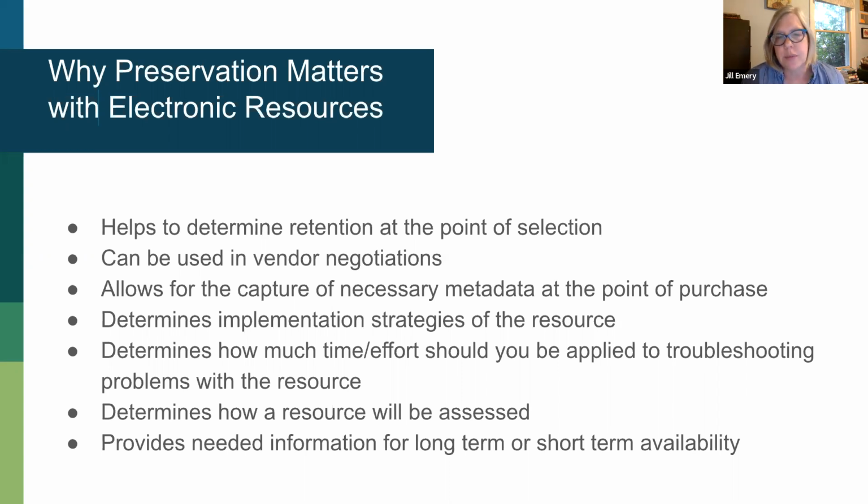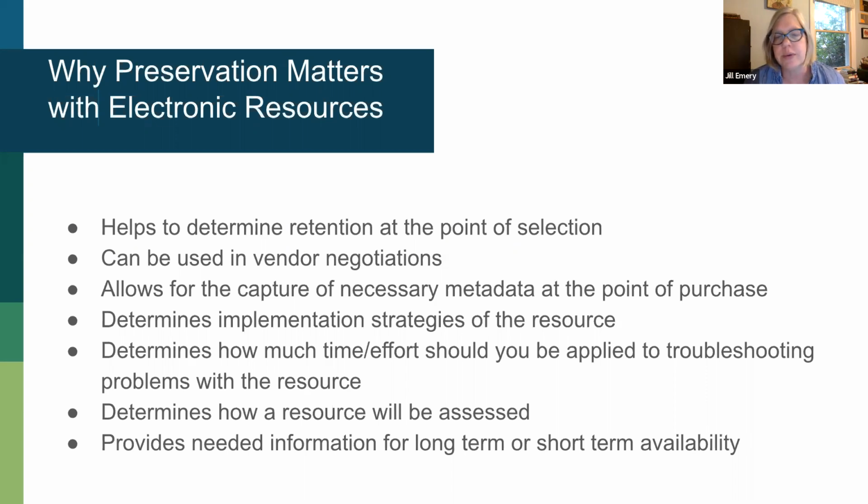It does help determine how then that resource is implemented, whether it just ends up in a LibGuide, whether it ends up on an A to Z list, whether it ends up in the catalog. All of these attributes can be part of what the preservation strategy is behind a given resource. It also helps determine how much time and effort should be applied to troubleshooting problems that occur with any resource.